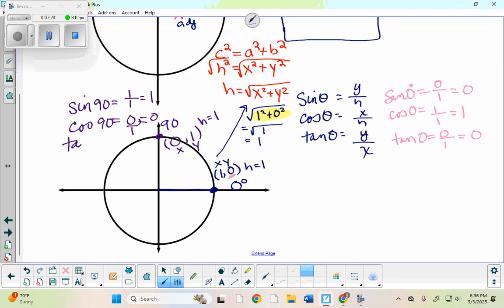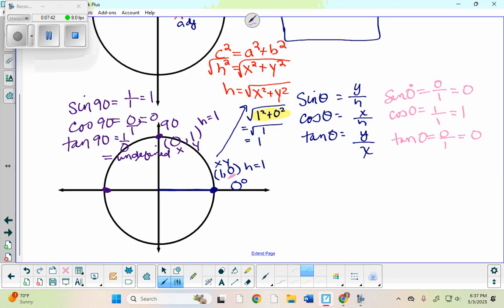And the tangent of 90, tangent is y over x, so it's 1 over 0, and that is undefined. We can't ever have a 0 in the denominator. If you put tangent 90 in your calculator, you would get an error.